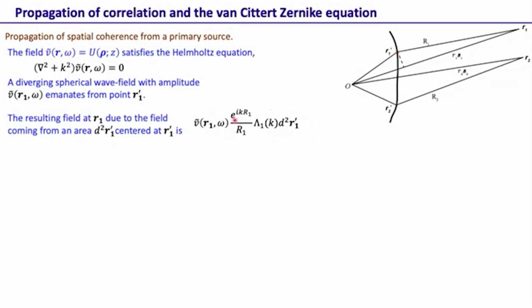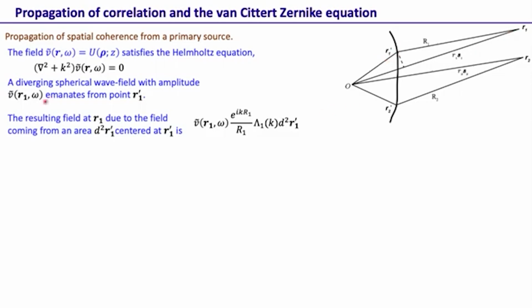Here we can see e to the i k r1 by r1 is the contribution. If we just take a unit amplitude source here, then these are the spherical waves. The spherical wave solution is e to the i k r1, and then r1 is the attenuation factor because this goes in a spherical manner. So e to the i k r1 by r1, where r1 is the distance from r1 prime to r1, is the field amplitude reaching r1 from a source of unit amplitude at r1 prime.